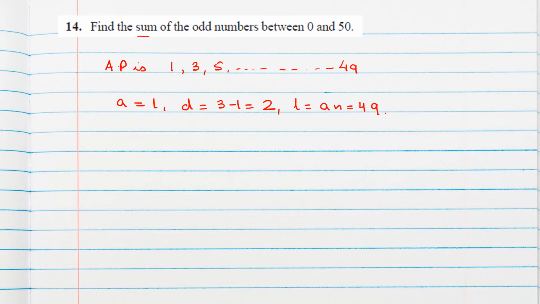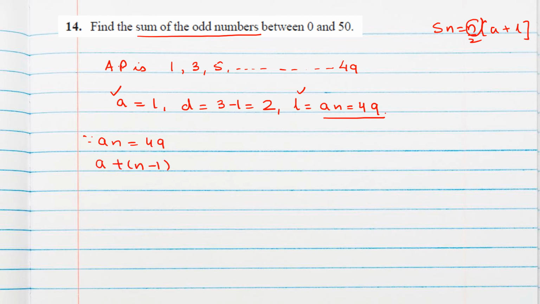Now sum of the odd numbers is asked. So we know A, we know last term. So this formula we can use, n by 2 into A plus L. But for this we should know how many odd numbers are there in between. Okay. So what we can do here, we can find the n first using this formula. Since An is 49. So the formula for An is what?